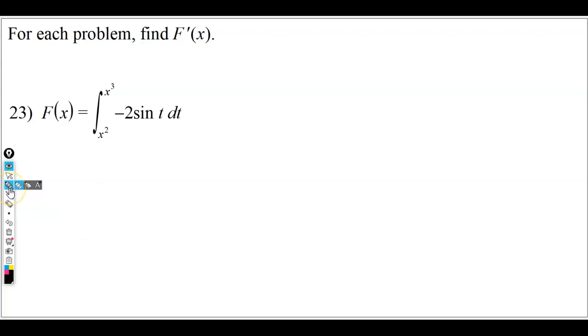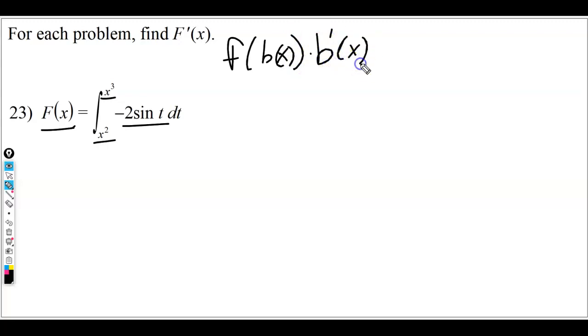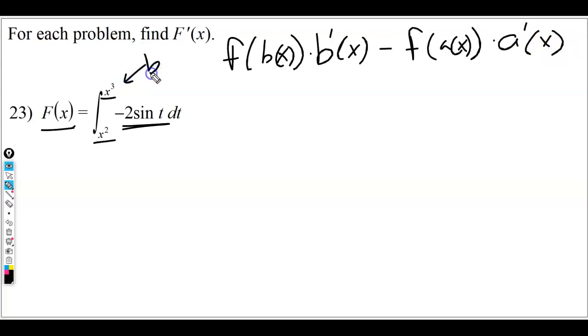So the process that we had was that, if big F is a little f, the outcome is going to be little f with the upper limit plugged into it, multiplied by the derivative of the upper limit, minus the little f with the lower limit plugged into it, multiplied by the derivative of the lower limit. Okay? So this is your b, this is your a, and this is your little f. Okay, so let's do that.